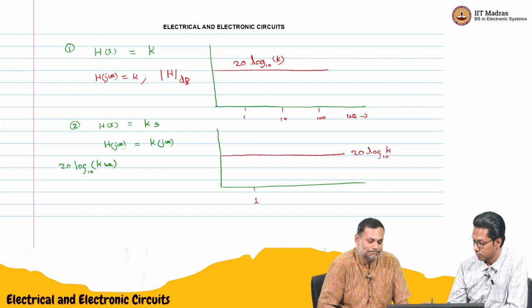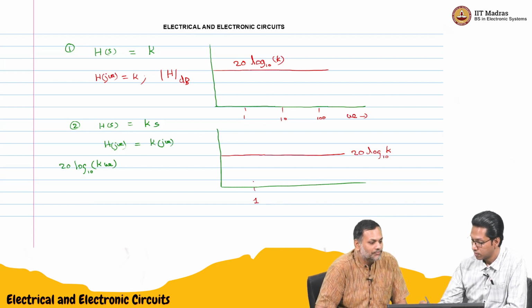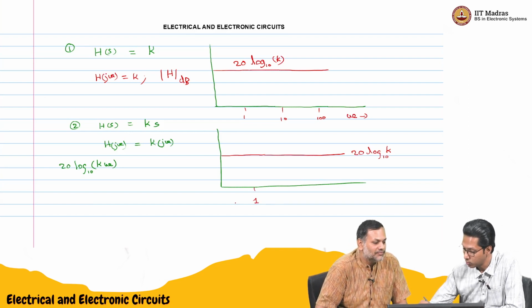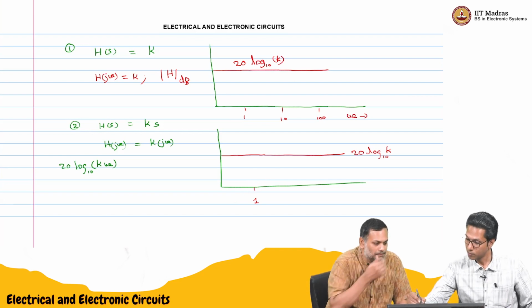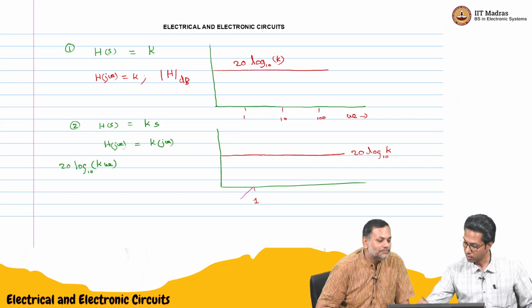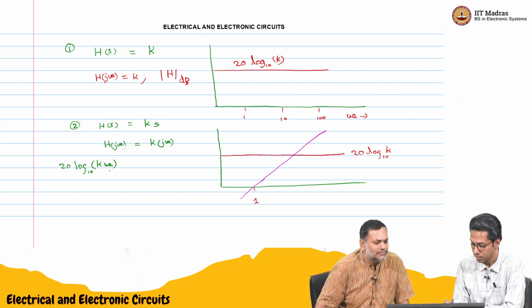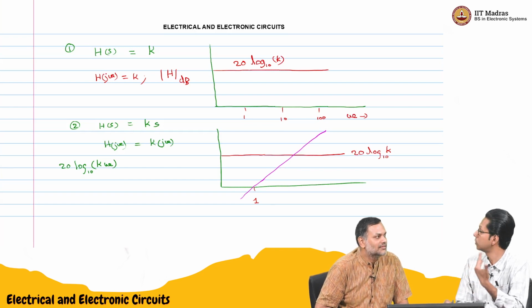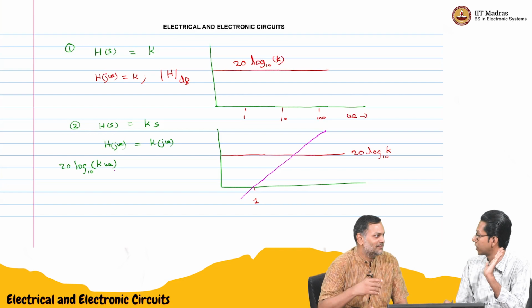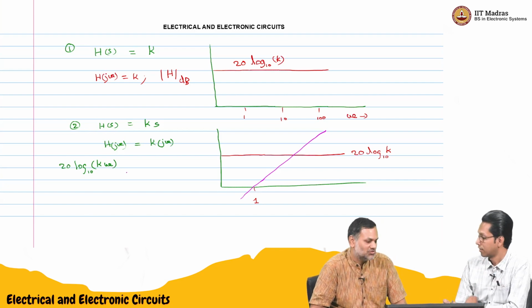So this will be something passing through 1, and it will increase. If omega increases 10 times, the magnitude will increase by 20 dB.